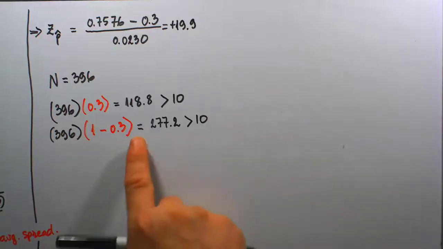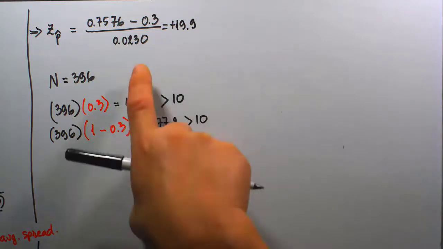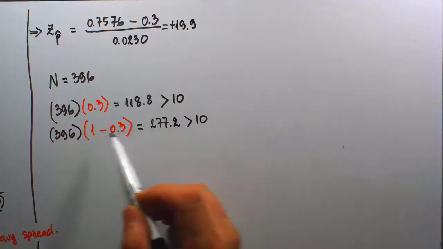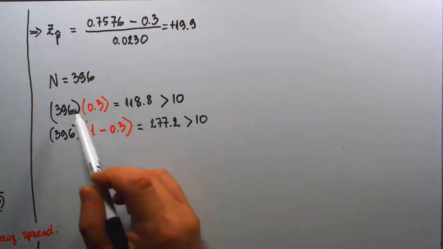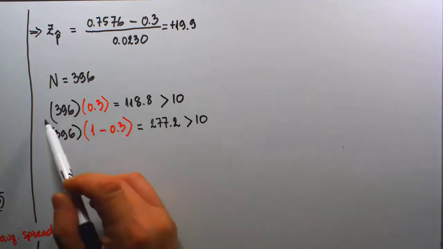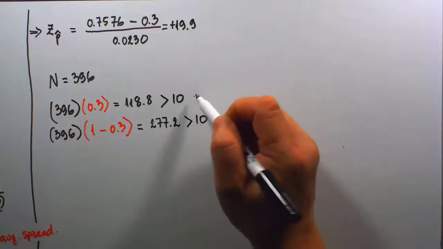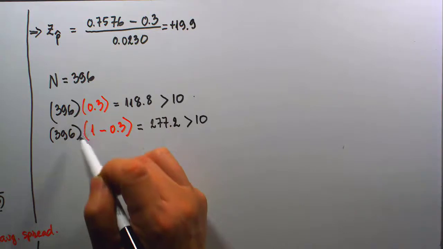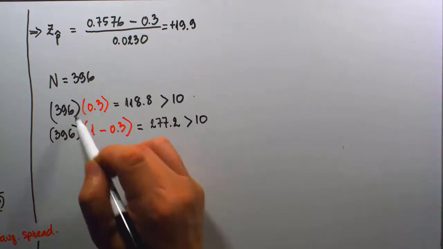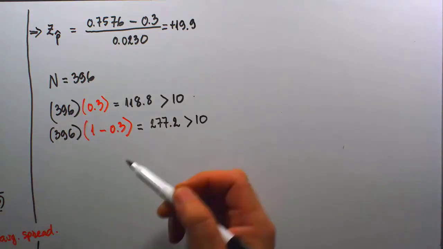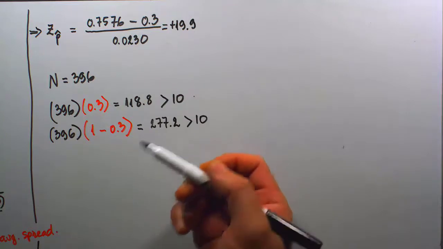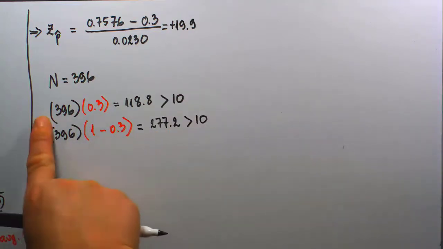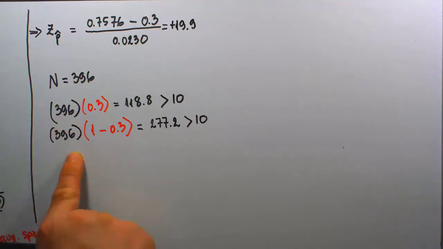But now, what's good about doing these two multiplication works right here? We've learned that according to the central limit theorem, as long as these two requirements are passed, with our sample size being 396, and we use this as a requirement to check whether or not all of our sample proportions can be placed on a bell curve. And so here, once again, I'm looking right at our sample size.